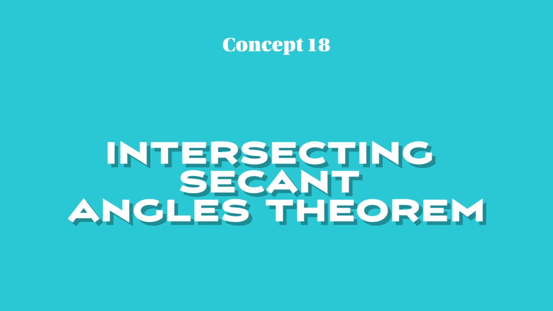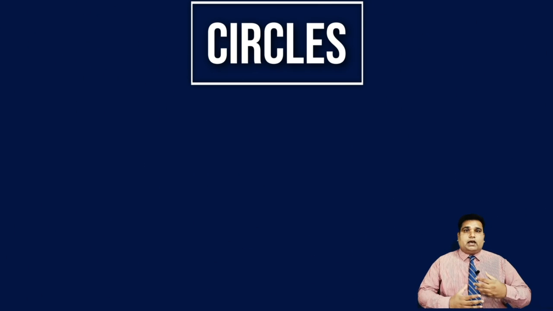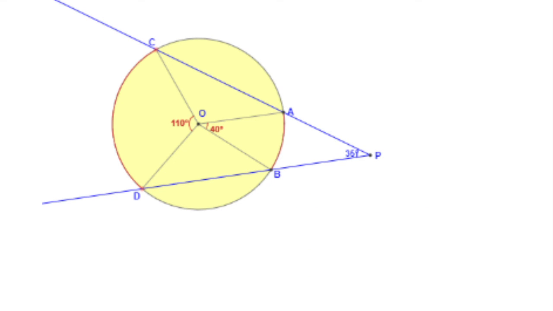Concept 18, intersecting secant angles theorem. So what is basically the intersecting secant angles theorem? The angle made by two secants intersecting outside a circle is half the difference between the intercepted arc measures.